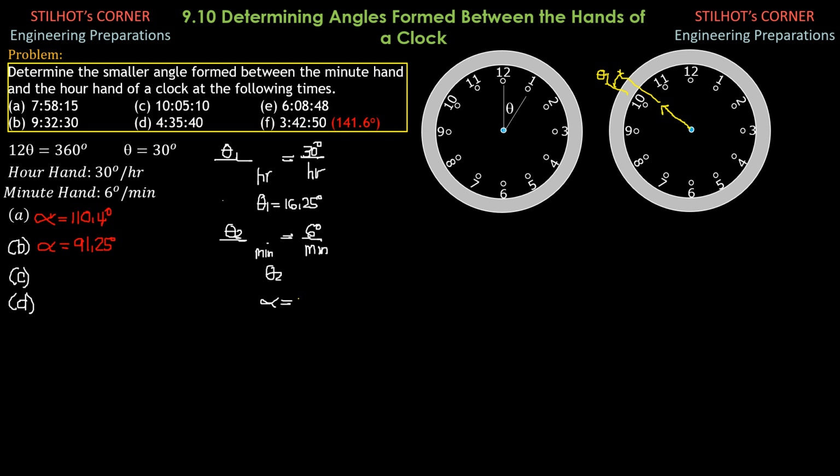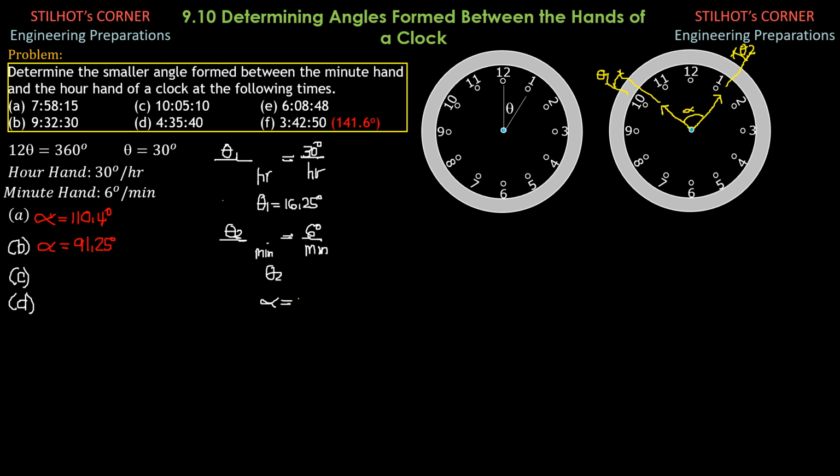That movement is equivalent to 5 minutes and 10 seconds, but we convert that to hour, while the minute hand is pointing just beyond 1, and this is alpha. And I'll call this from 1 theta 2.